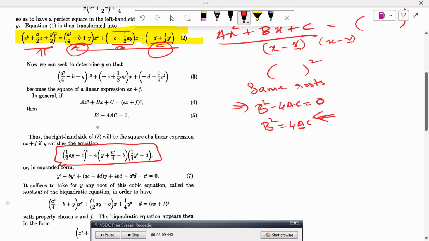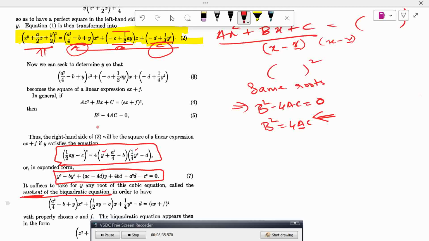In this equation we will be having y. So expanding, we will get a cubic equation. This cubic equation is called the resolvent of the biquadratic equation. Now, how can we solve a cubic equation?